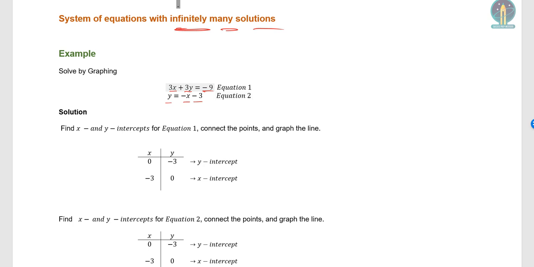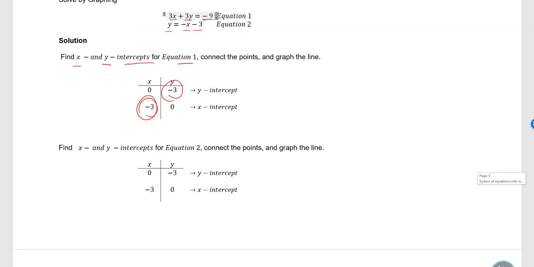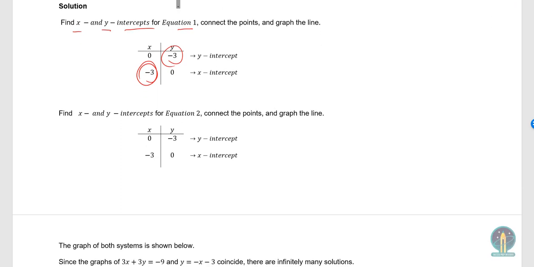Again, we use the same method to find the x and y intercepts for equation 1. For the x-intercept we have minus 3, for the y-intercept we have minus 3. We do the same thing for equation 2. The x-intercept is minus 3, the y-intercept is minus 3.